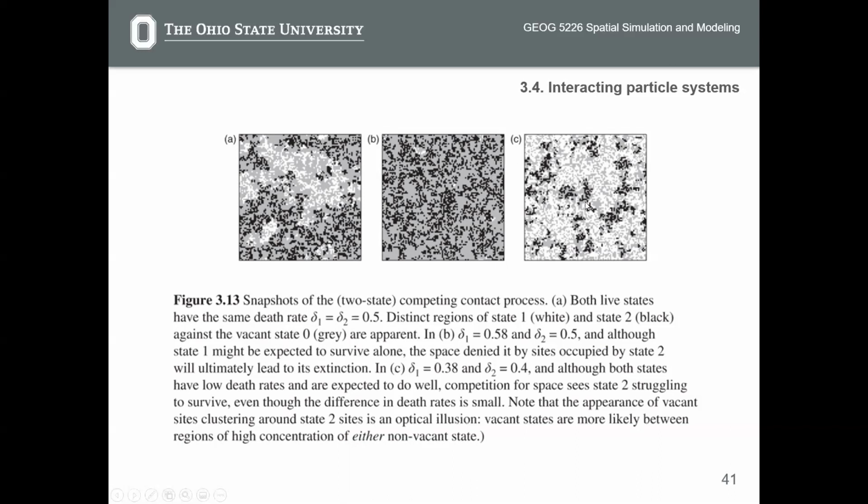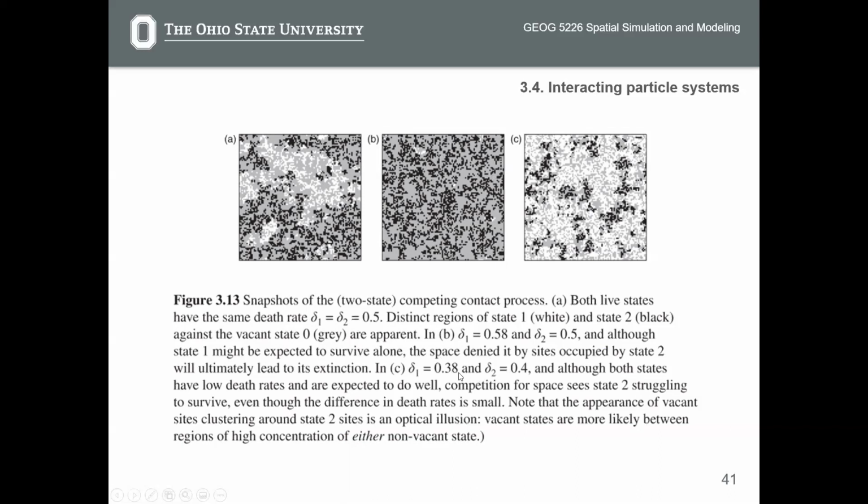Okay, C is the opposite situation of B. In C, although the death rates for both particles are pretty low, you can say that the death rate for white cells is a little bit lower than the death rate for black cells.